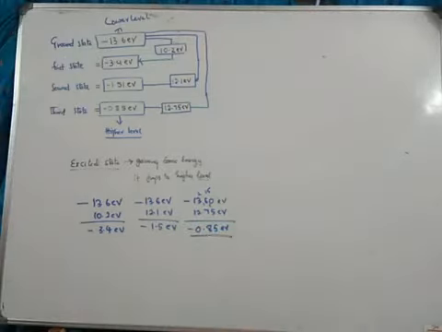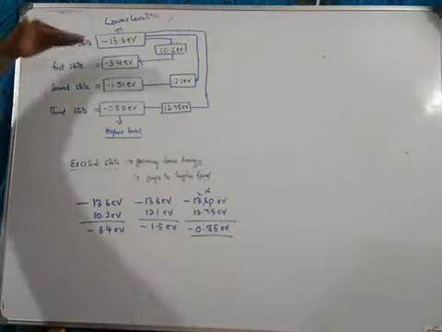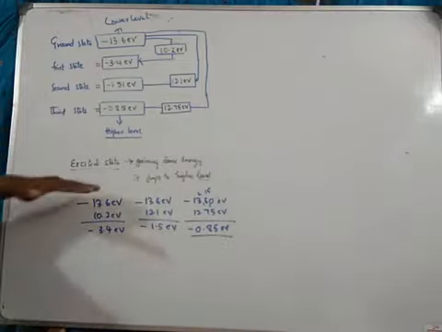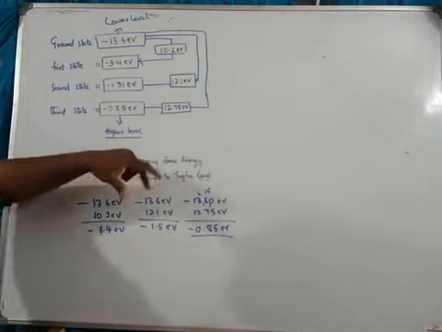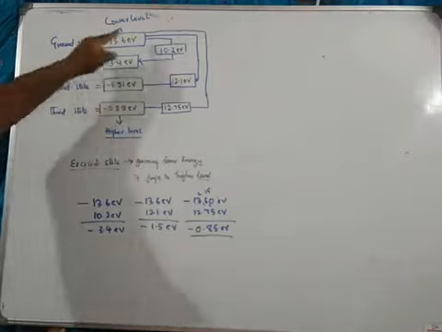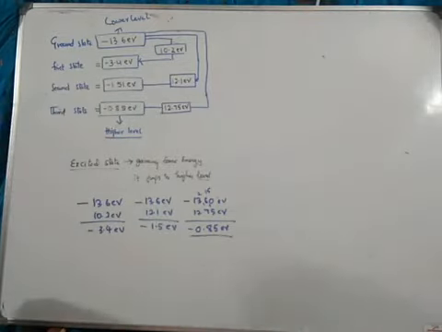So these are the energy levels. Suppose we start from the ground state, whose value is minus 13.6 electron volts. What is the definition of an excited state? Gaining some energy. If it gains 10.2 electron volts, it will jump to the first state.